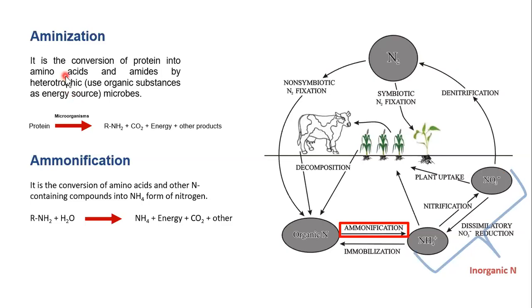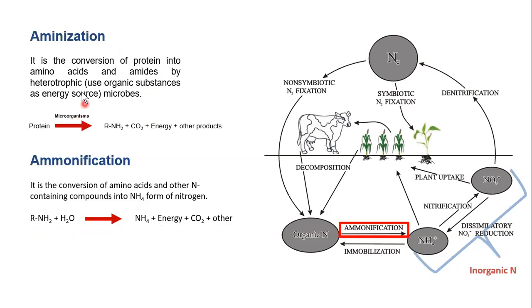If you simplify mineralization, or divide it into different steps, in the first step the protein is converted to amides. The microorganisms will act on protein and convert it into amides, and these amides will further be converted to ammonium.